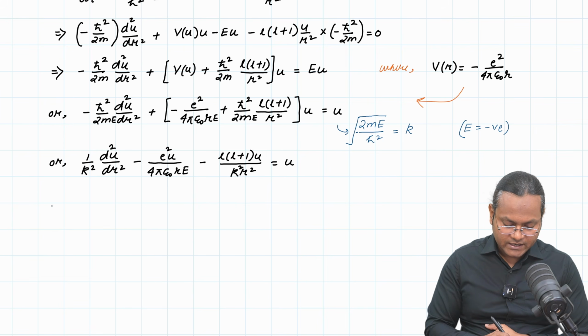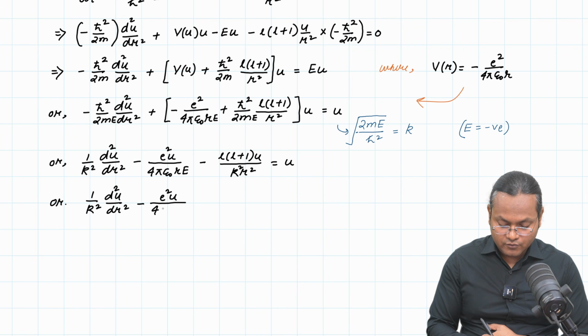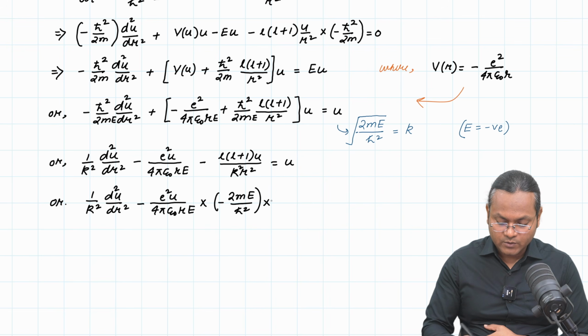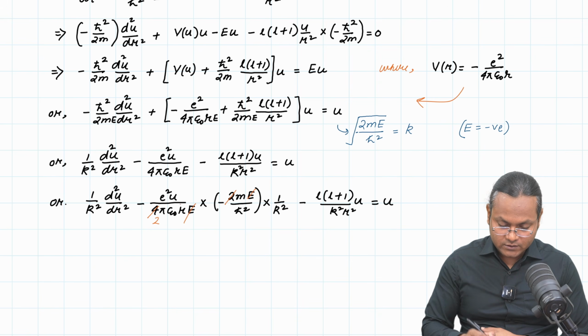I can do the same thing to the second term. If I do a multiplication of the second term, e² u upon 4π ε₀ r, with capital E times minus 2mE upon ħ², then minus 2mE upon ħ² is nothing but k². So I'll just put a k² here, minus (L plus 1) upon k² r² u equals u. 2 gets cancelled with 2 here.